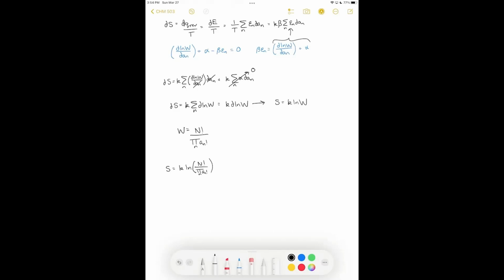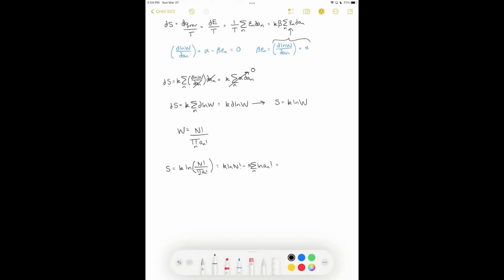We've handled this natural log before, so we can separate this up pretty easily into the following. So we can say that this is equal to k natural log of N factorial minus the sum of k times the natural log of a sub n factorial.